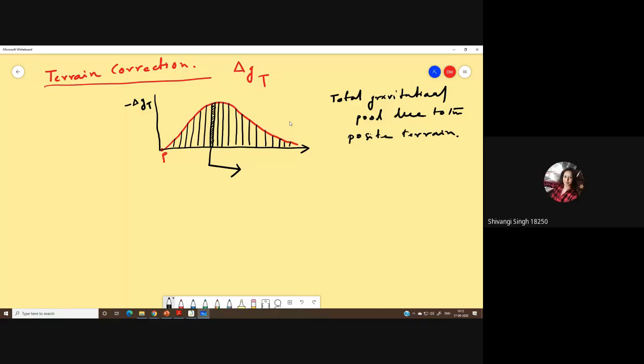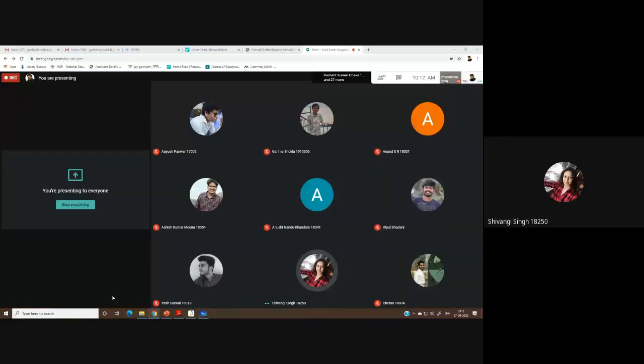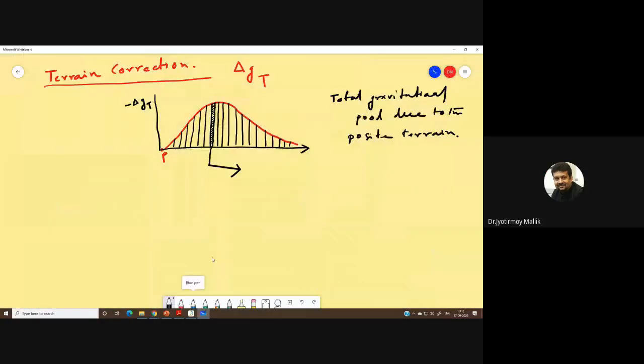Sir, x-axis is what? This is distance. If you consider it in two dimensions, x-axis is distance.